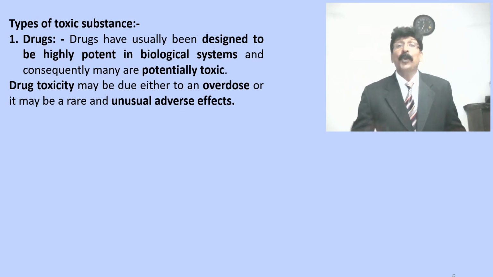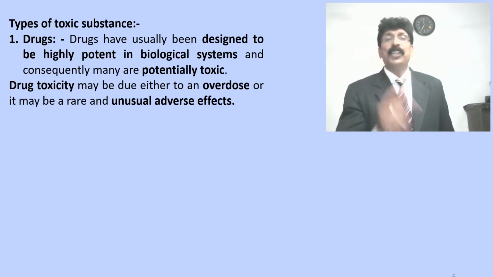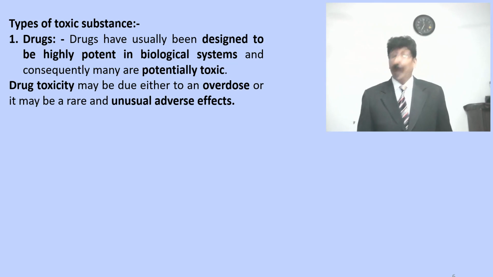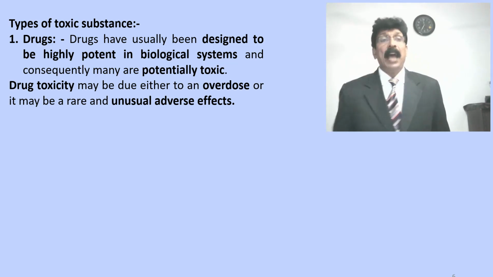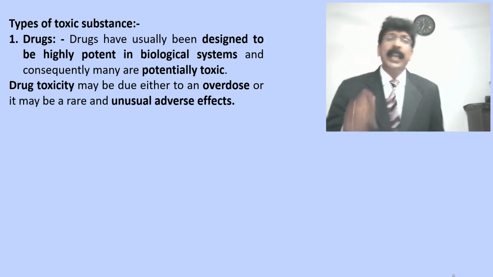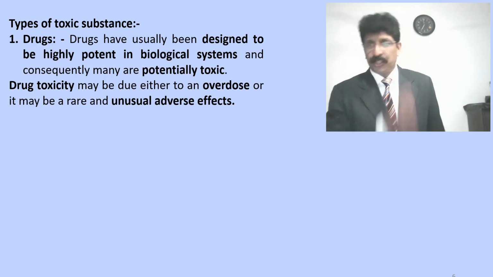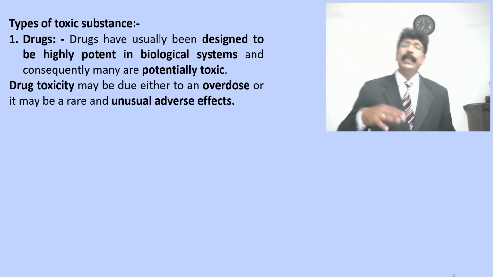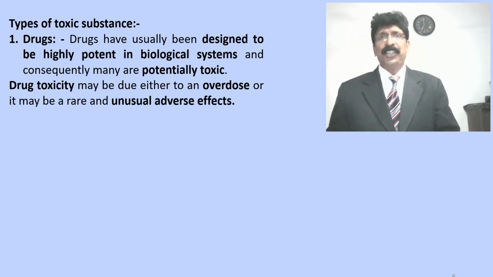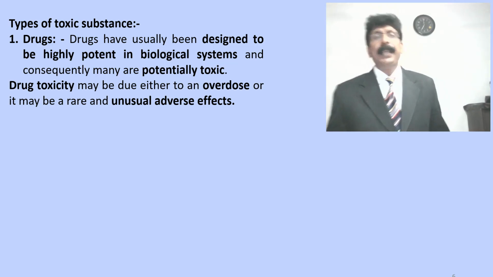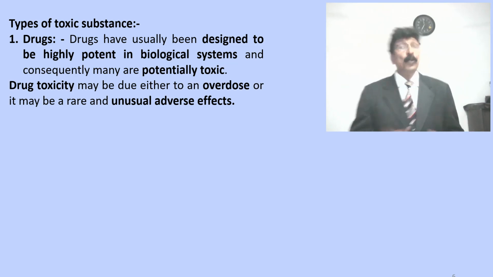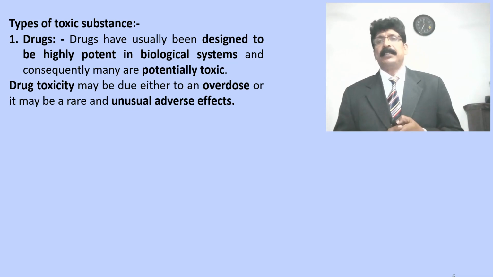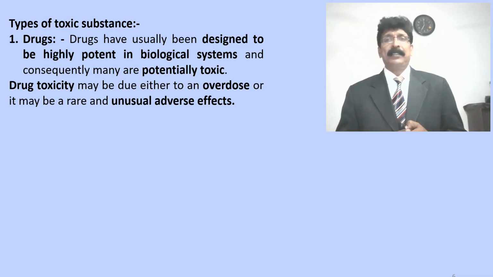Drugs have usually been designed to be highly potent in biological systems, and consequently many are potentially toxic. Drug toxicity may be due either to an overdosage or it may be a rare and unusual adverse effect, undesirable effect, unexpected effect, adverse effect.